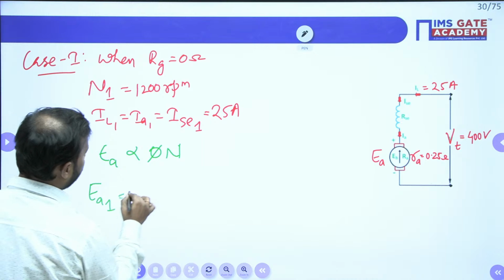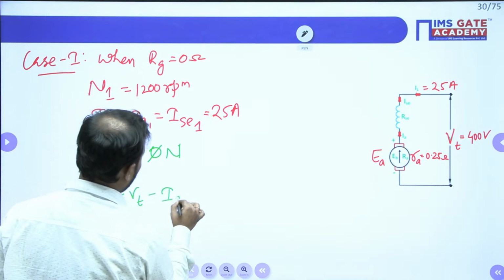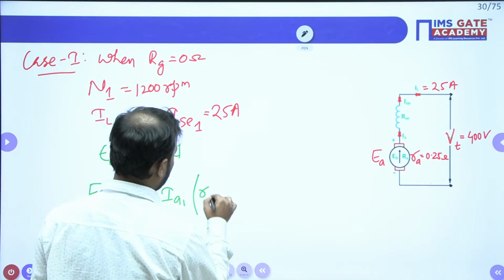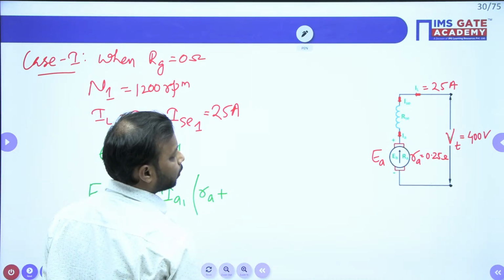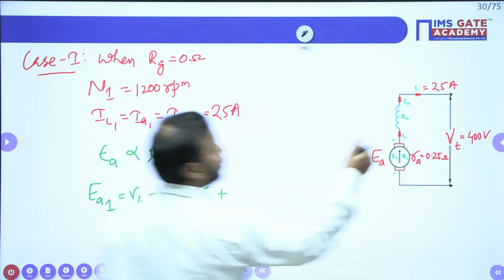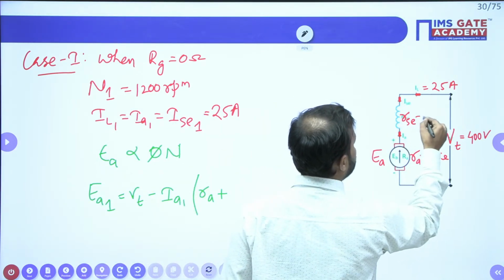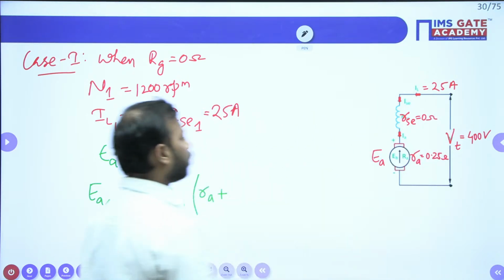EA1 is equal to VT minus IA1 times (RA plus RAC). RAC is not given in the question, so we take it as 0 ohm and ignore it.